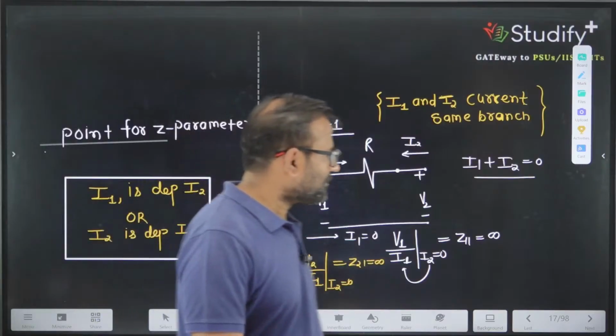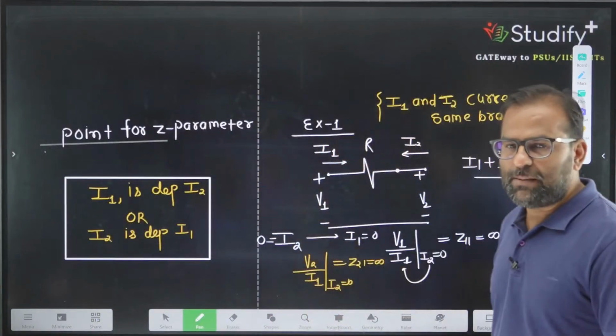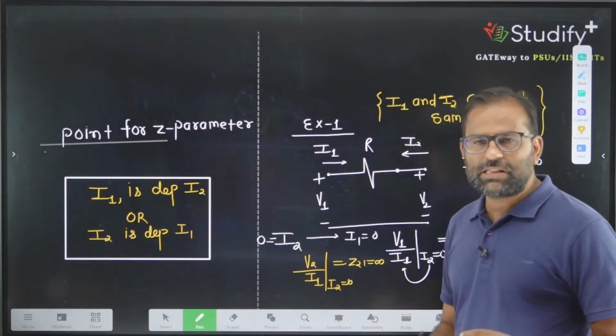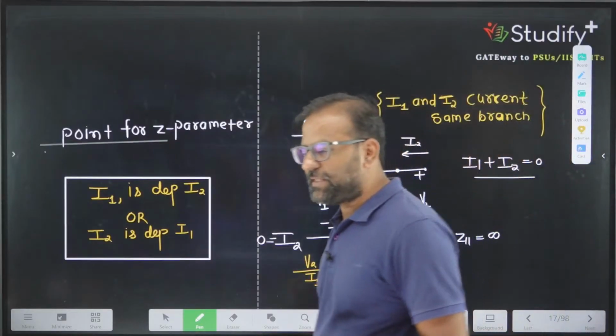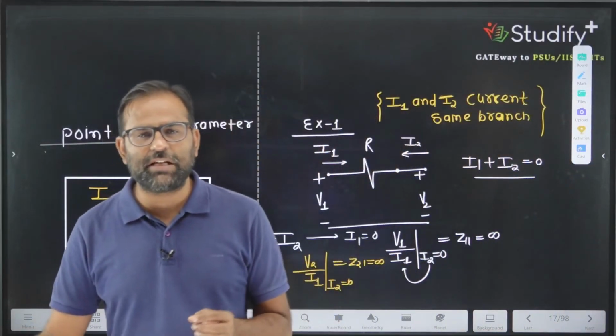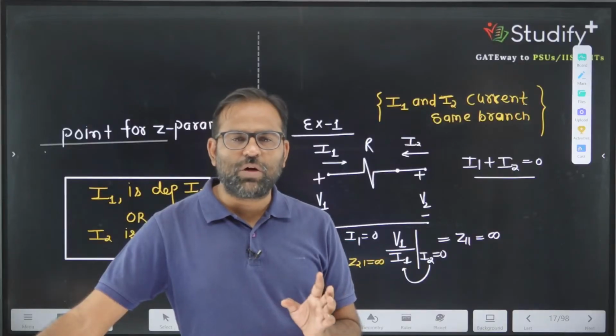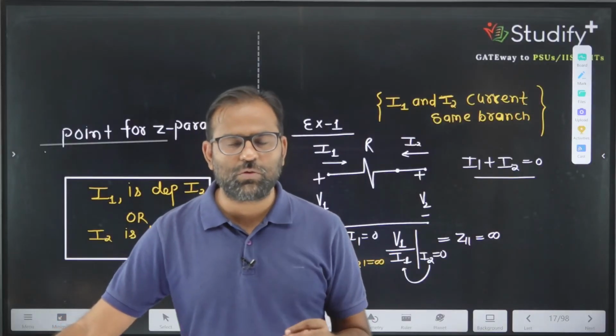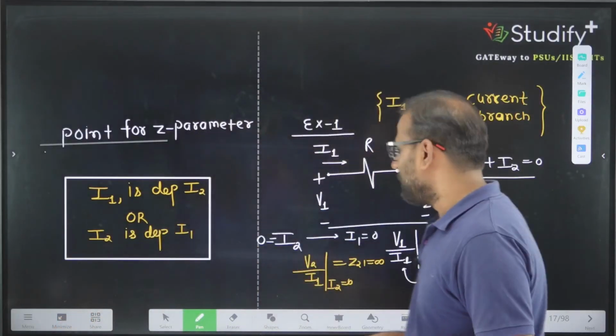What is the condition for existence of Z parameter? Z parameter is valid only if I1 and I2 are independent of each other. We don't want dependency in I1 and I2.